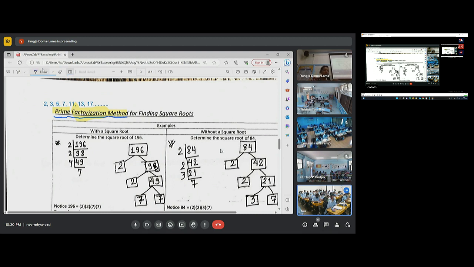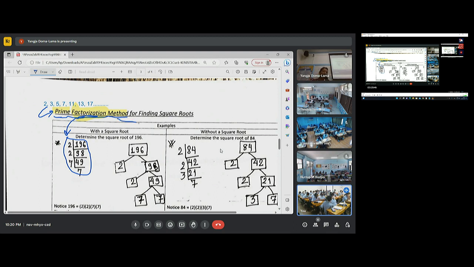You don't know? These are prime numbers. So these numbers we will use to factorize. Okay? So what is prime factorization method? We factorize by using prime numbers.